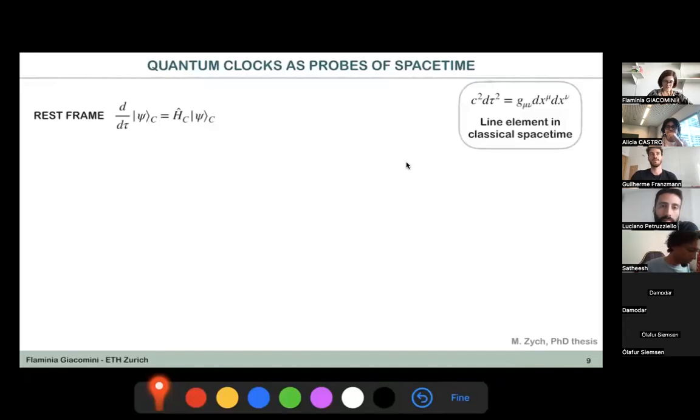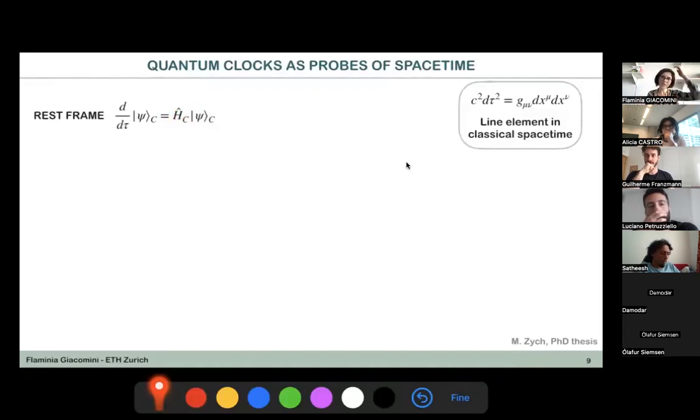Okay, so now let's take a clock and choose the rest frame of the clock. In the rest frame of the clock, there is basically no motion associated to the external degrees of freedom of this clock. So all the evolution is given by the internal degrees of freedom.